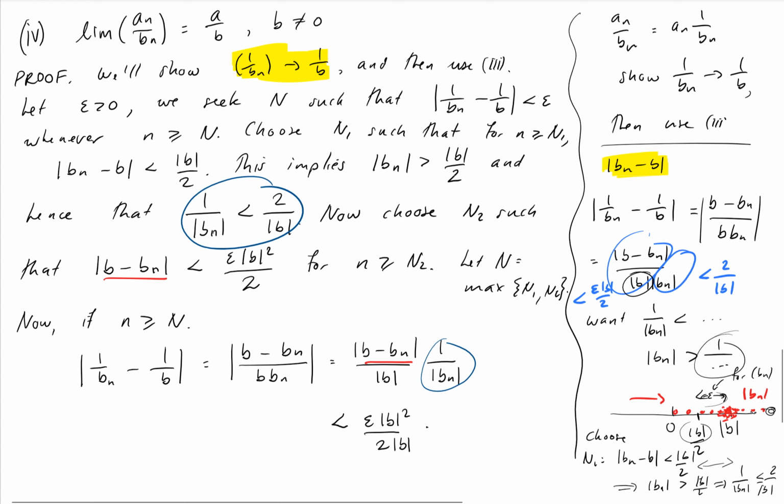So that's going to be 2 over the absolute value of B, and lo and behold, a miracle occurs, everything cancels off, that equals epsilon as required.